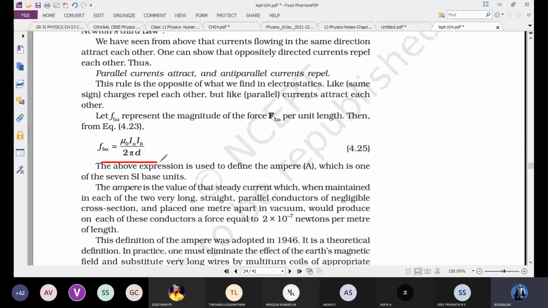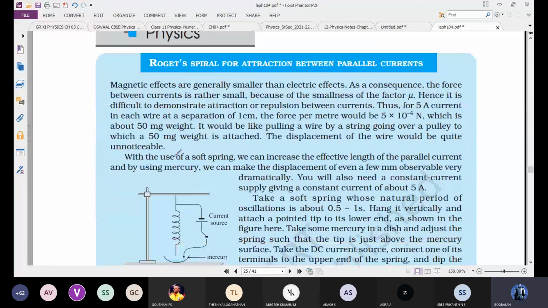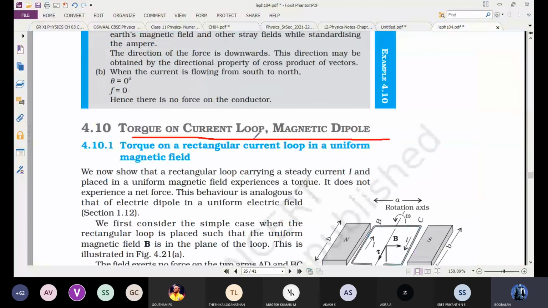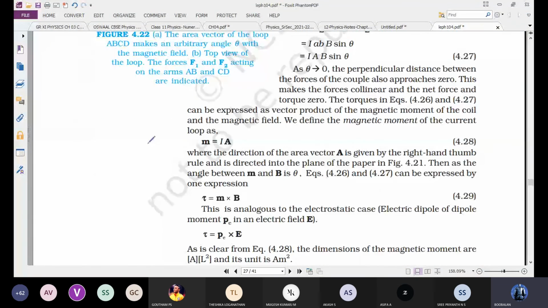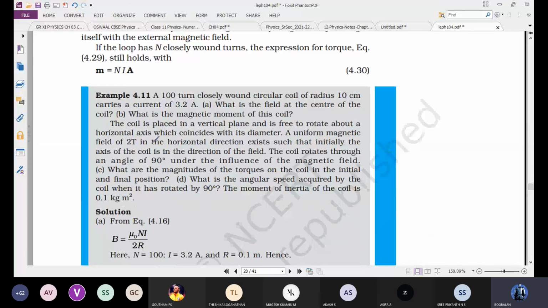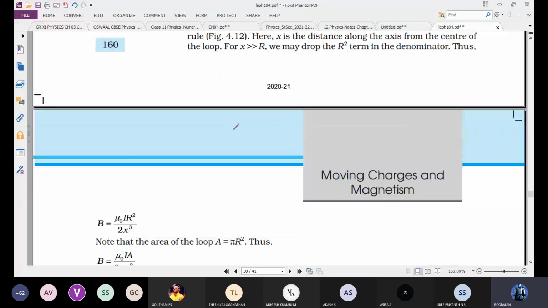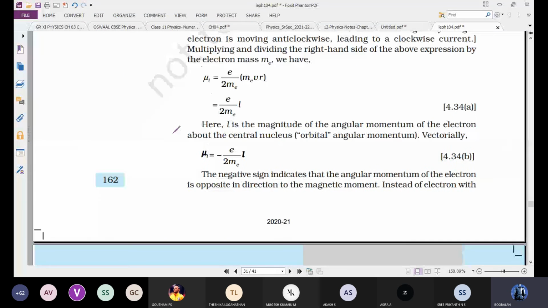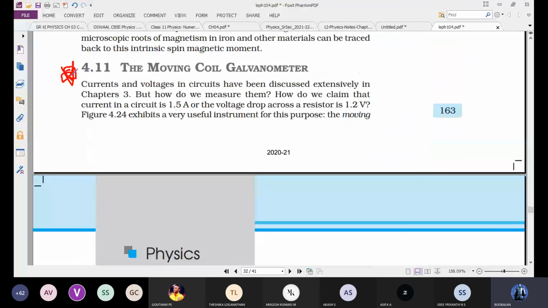Next torque, an important 5-mark question. Moving coil galvanometer, important.